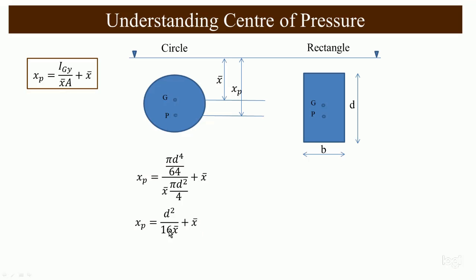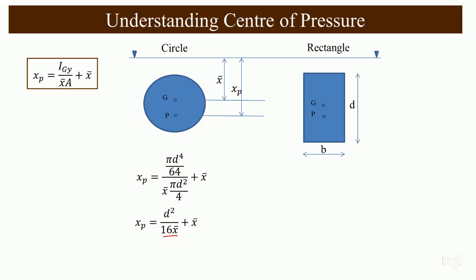Now here you see that as we go below, as x bar increases, this value over here, I will go for the pointer, the x bar which is represented, this is in the denominator, you see.